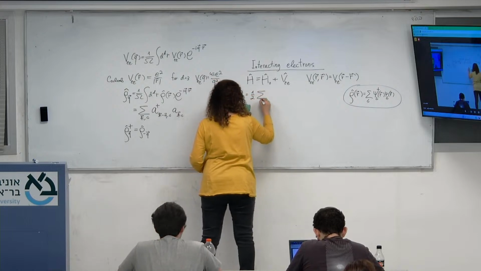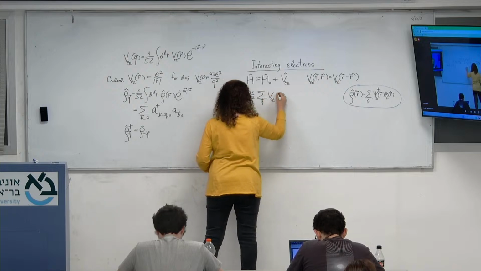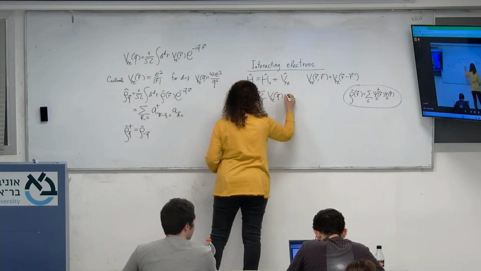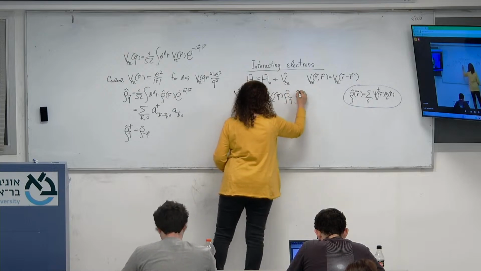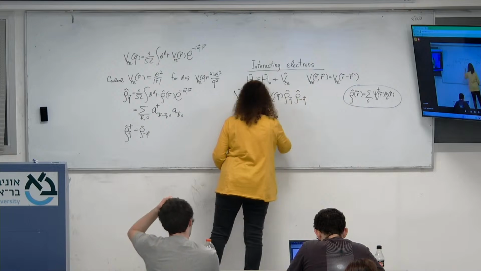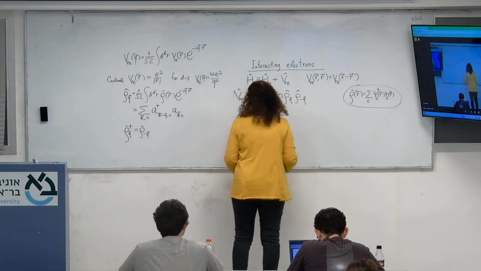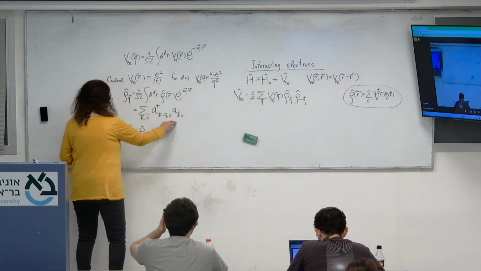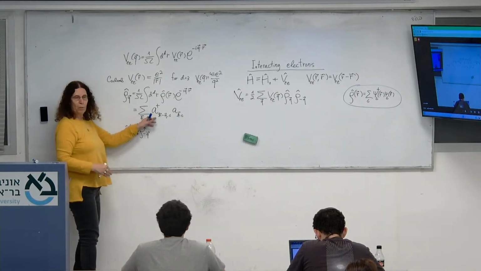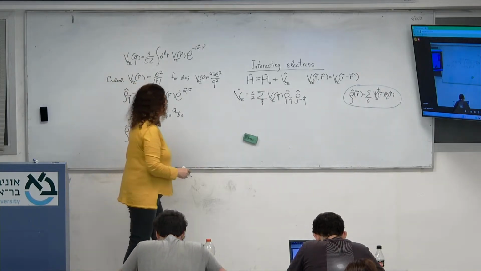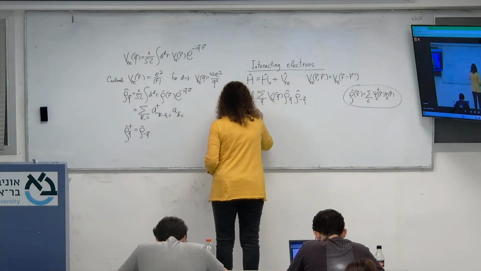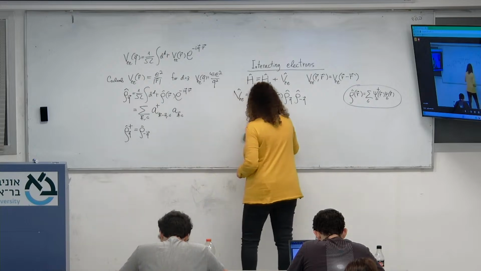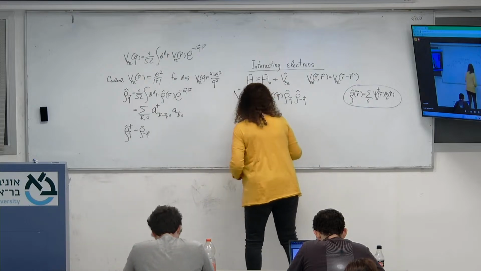Sum over Q of V of Q, rho Q, rho of minus Q. And then if I'm using the expansion of rho of Q in terms of the fermions, I see that the expression I will get is 1/2, and now I will have a sum over.